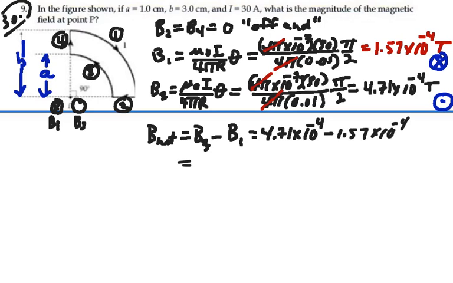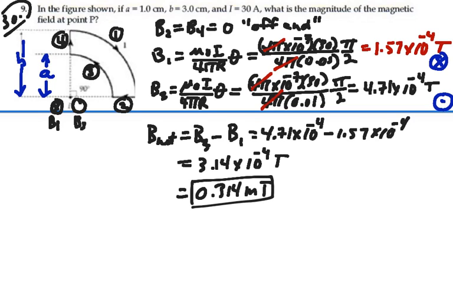And that is equal to 3.14 times 10 to the minus 4 Tesla. Or we could write this as 0.314 millitesla. And that would be out of the page towards you. So that is the magnetic field at point P, 0.314 millitesla.